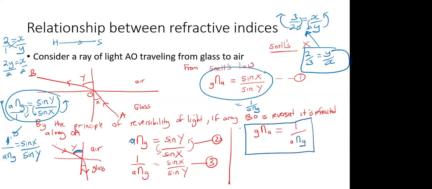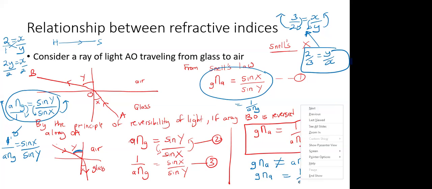Like I told you earlier on, glass refractive index air is not the same as air refractive index glass. But for it to be the same, it means glass refractive index of air is the same as 1 out of air refractive index of glass.